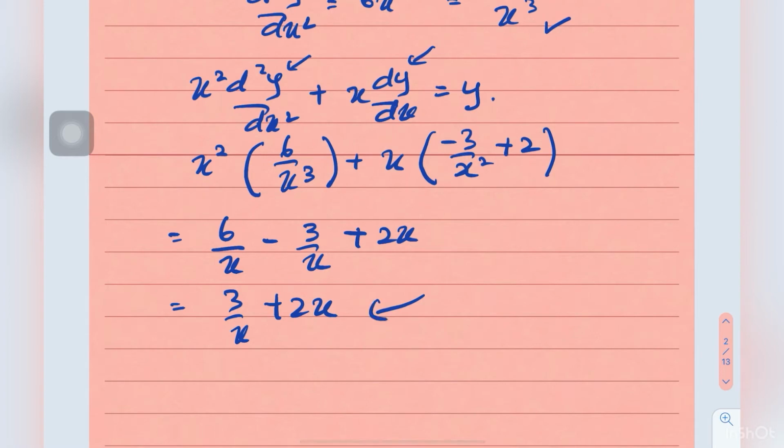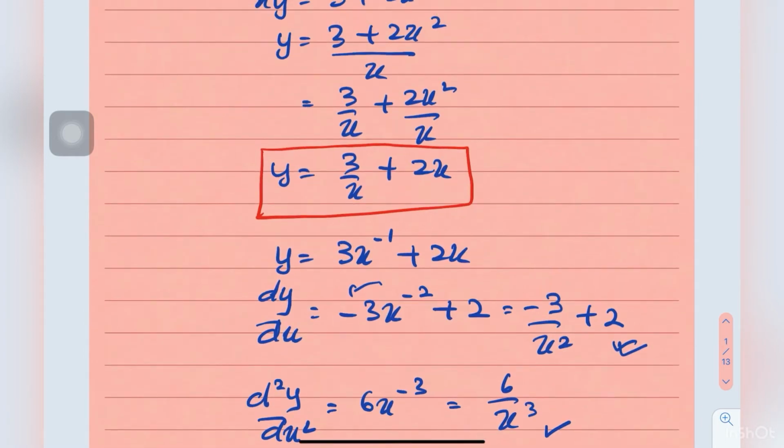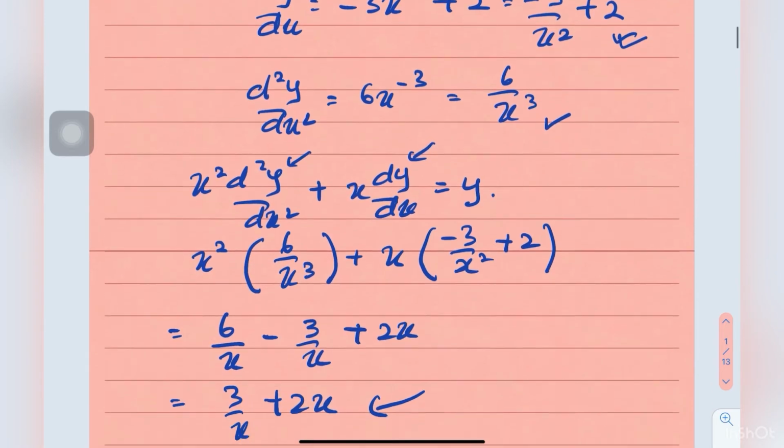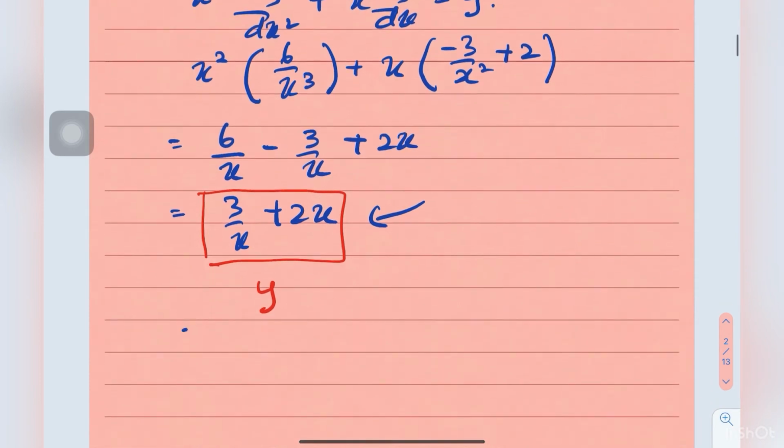Actually y equals 3 over x plus 2x, so all this thing equals y. Therefore, we have shown.